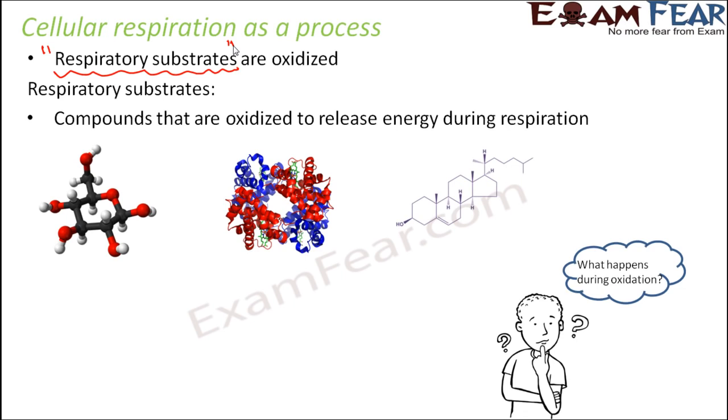Now, very simple. The concept is very simple. When you talk about these substrates, whether carbohydrates, proteins or fats, they are all complex structures, right? If you look at the structure of this protein or fatty acid or carbohydrate, none of them are very simple. They are all complex structures involving a lot of bonds. And you know, breaking of a bond always releases energy, and for forming a bond, you need to provide energy.